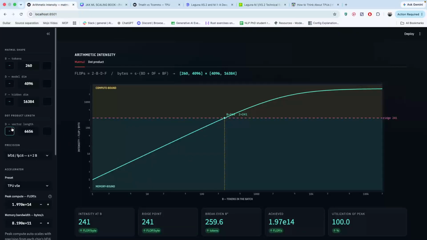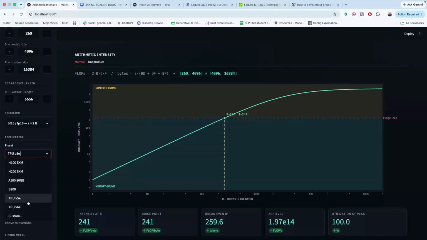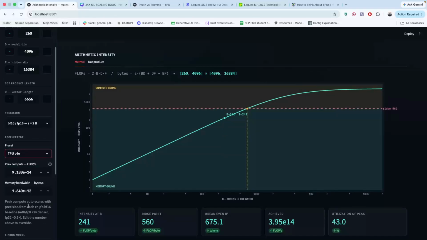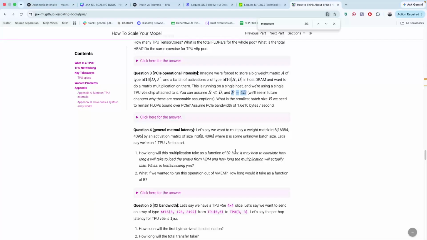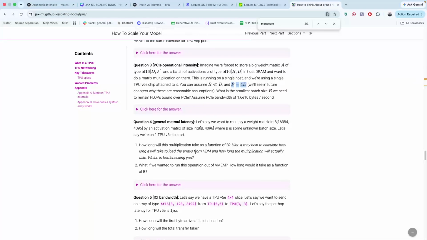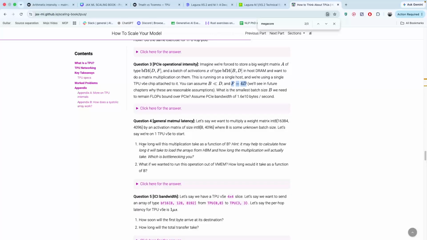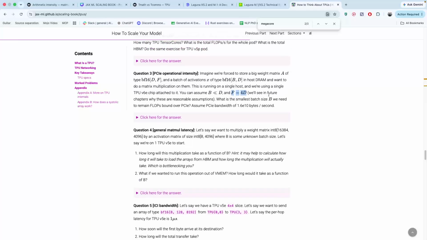So we will go back to our visualization here. We will first select the TPU v6e architecture, and this fills in the peak compute and the memory bandwidth. But the question says to assume PCIe bandwidth.